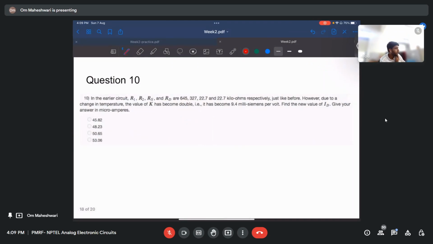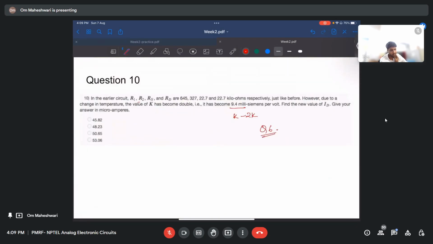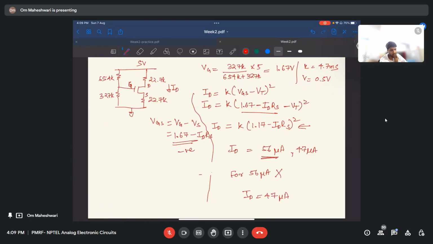And the next question is again similar to the previous question. Here, everything is given. They just have changed K to 2K. It is the same as question 6, just K is changed to 2K. In question 6, we had found this ID, so it will change to 2K, and if you solve this ID, you will get something different.